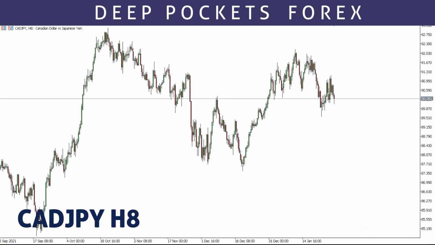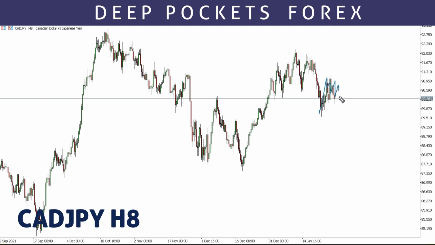This is CADJPY. Now for CADJPY, you all know this previous week we said that we're expecting price to give a drop like that, and after we get this drop, you can see that we're getting something that looks like a corrective structure here, but it looks like an impulse again, then corrective structure, impulse, corrective.